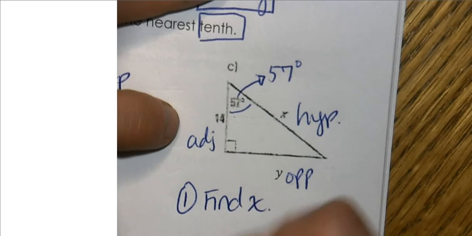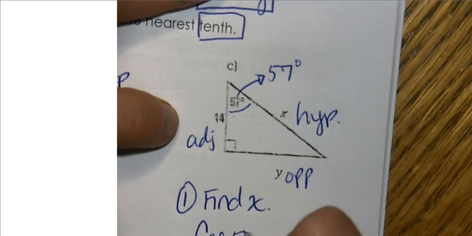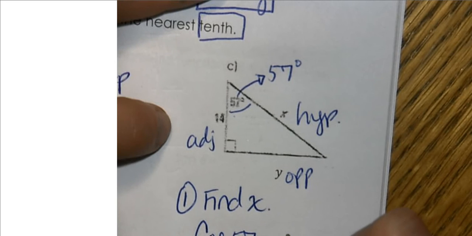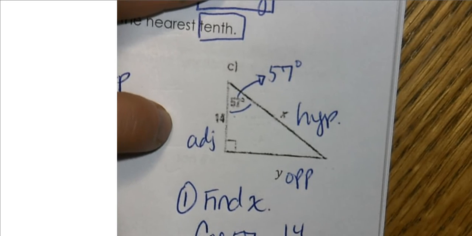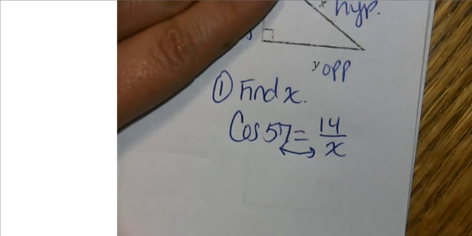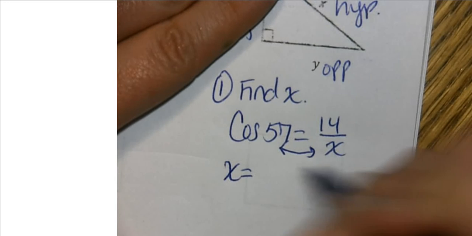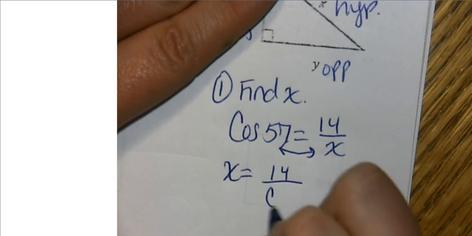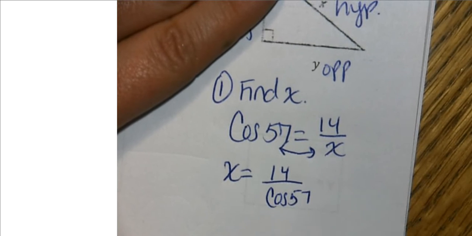That means I'm working with cosine. So the cosine of 57 is equal to the adjacent, which is 14, divided by the hypotenuse, which is x. Because x is in the denominator, I can flip-flop the cosine of 57 and x, so that I end up with x is equal to 14 divided by the cosine of 57.